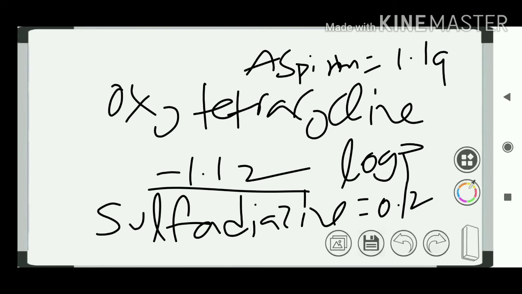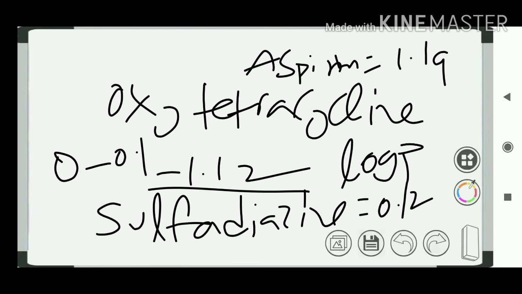Compounds with log P values between 0 and 0.1 are also poorly absorbed into lipophilic media. Okay, this is the entire story about the partition coefficient.